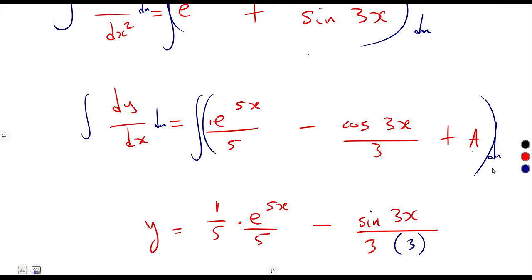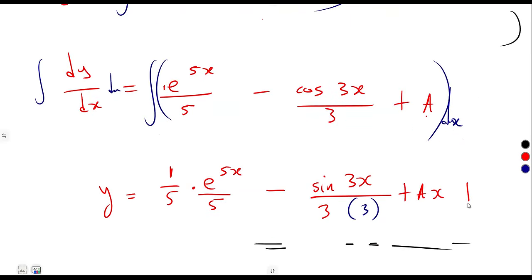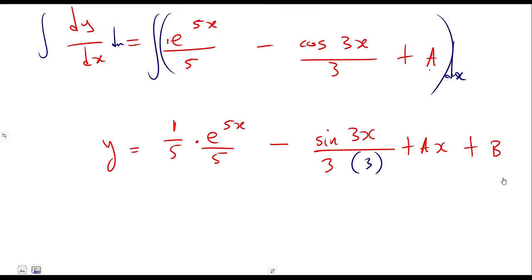Then a with respect to x, if we integrate, gives us ax plus the constant of integration, another constant, we can use b.